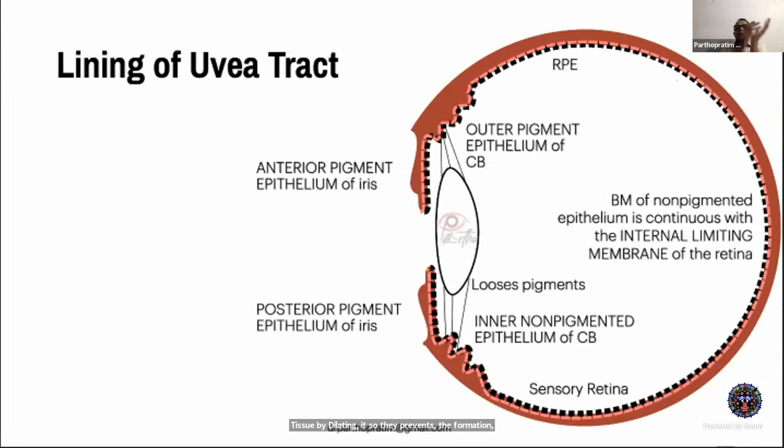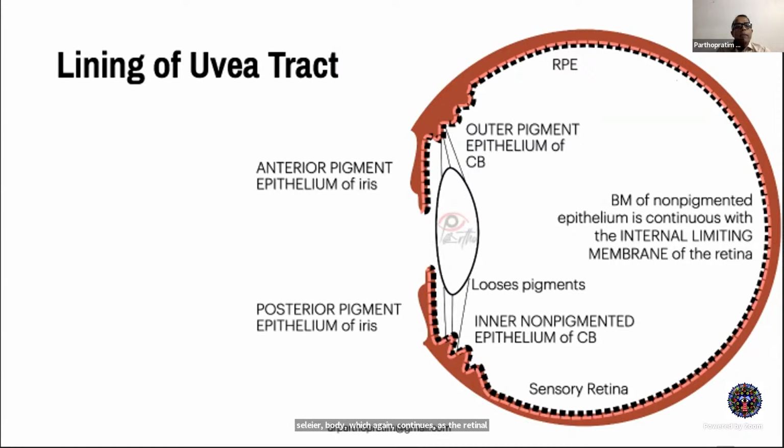Now the lining of this uveal tract is very important for the postgraduate students. So I just want to highlight a few things that you have to remember. Both the ciliary body and the iris tissue have a double layer of epithelium. Now the anterior pigment epithelium of iris continues as the outer pigment epithelium of the ciliary body, which again continues as the retinal pigment epithelium.